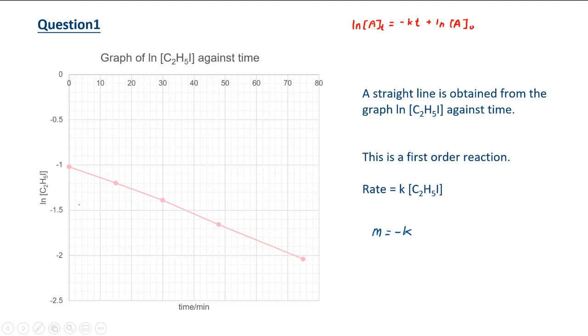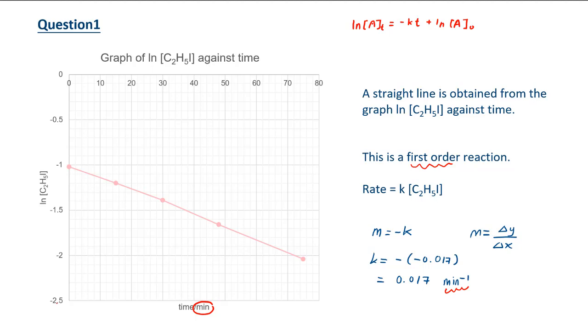From your own graph, find the gradient so that you can find your rate constant k. The rate constant will be around 0.017 per minute. Why is it per minute? Because this is a first order reaction and the time given in the table is in minutes, so the rate constant will be in per minute.